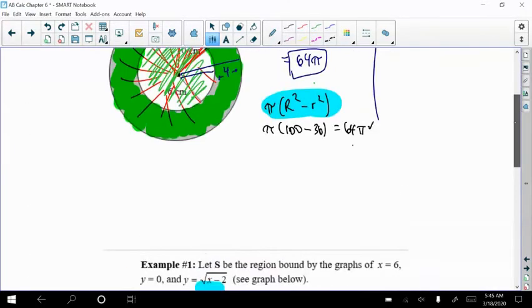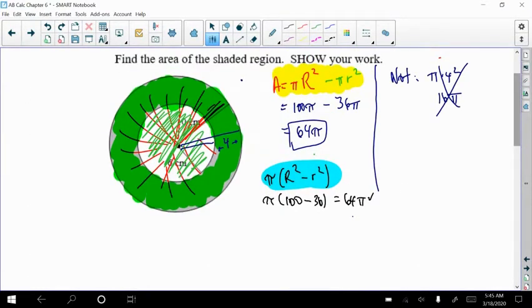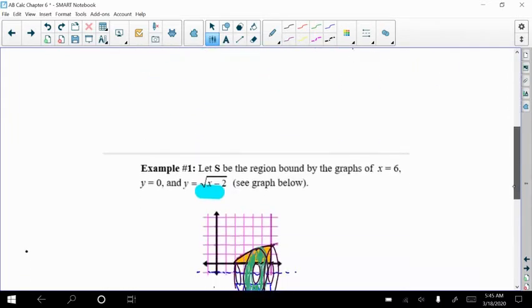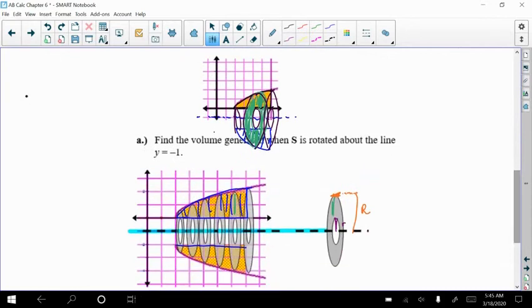Again, compare what we did two-dimensionally: we had an outer radius, a big circle whose area we found, and then we subtracted a smaller circle. That's the formula that we're going to integrate. The larger radius is bound by this top function, and the smaller radius is bound by this lower function.